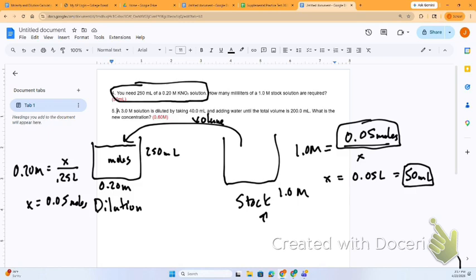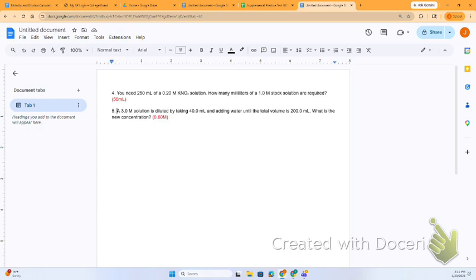Here's a second way, and this is the way I like to do it, using proportions. So I'm taking a 1.0 molar stock solution, okay? And I'm going to dilute it to 0.20 molar, okay? So if I take 1 divided by 0.2, it's 5.